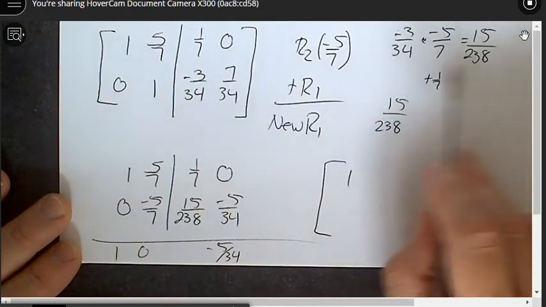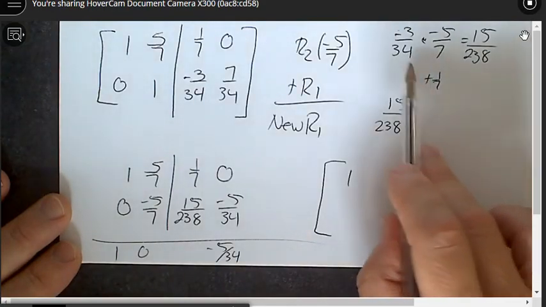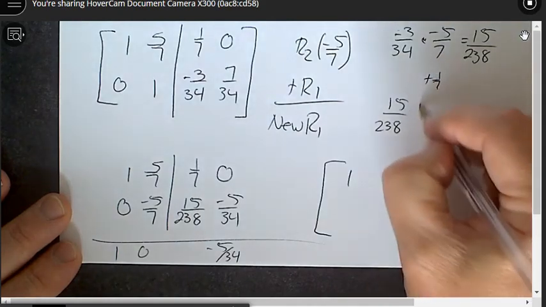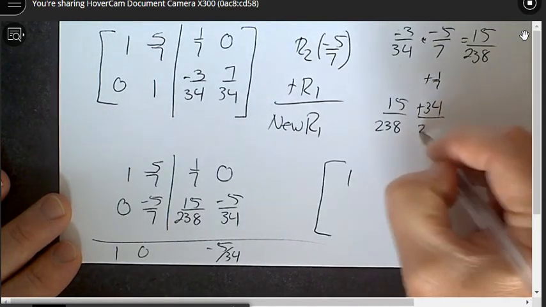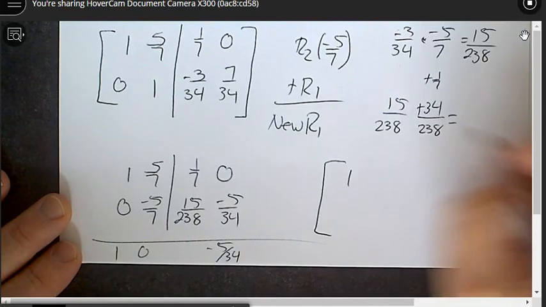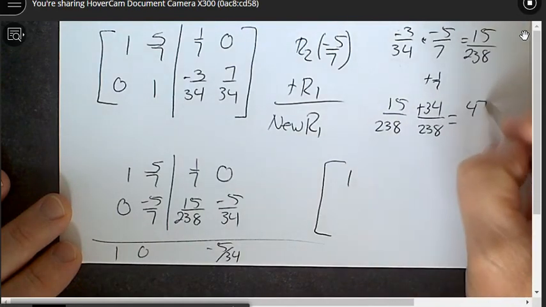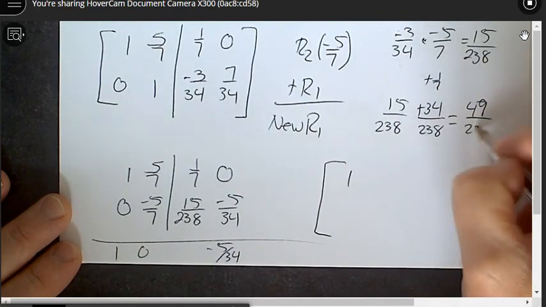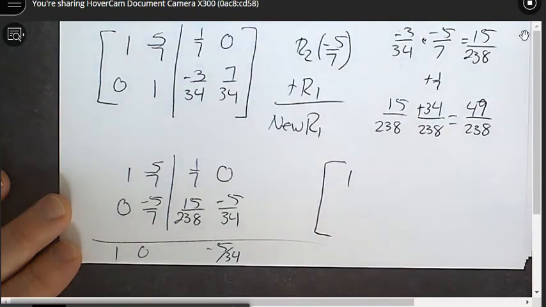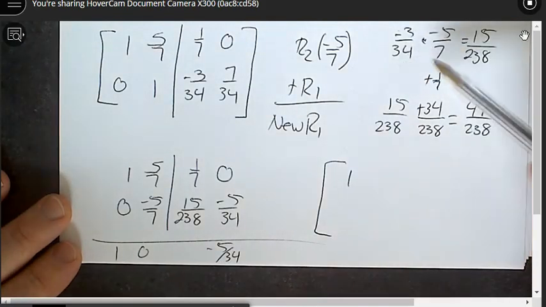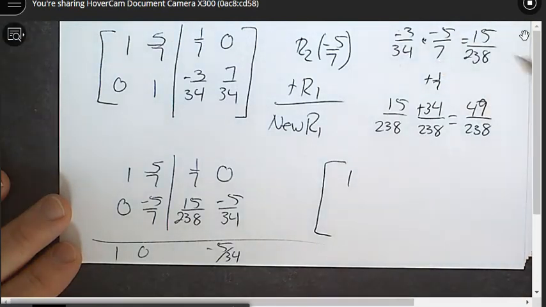Well, to get to 238, we had to do 7 times 34. So this is also going to be 34 over 238, which means this is going to be 49 over 238. Since 34 times 7, yeah, that's a lot of work for your fractions here.